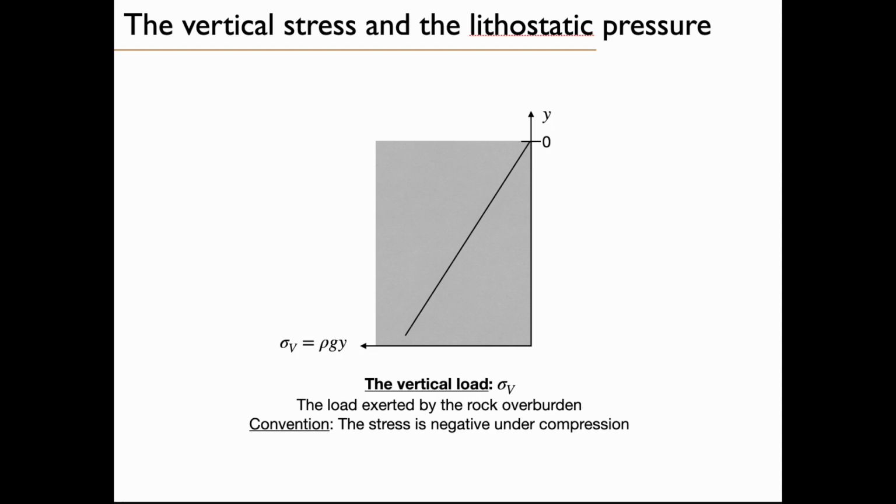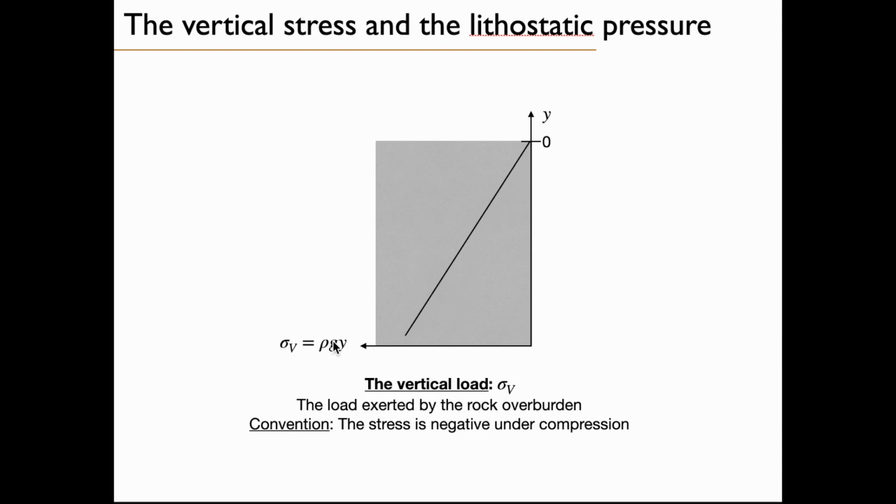Now, let's talk about the vertical stress in the crust. And we also introduce the concept of lithostatic pressure. So that's a slab of rock. We have the y-axis pointing upwards, and we have sigma v that we will represent here. So the vertical stress will be proportional to the load of the overburden of rock.